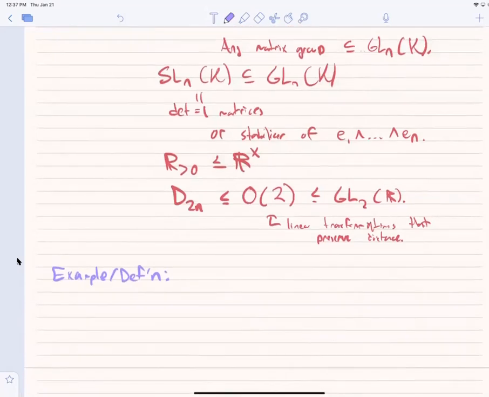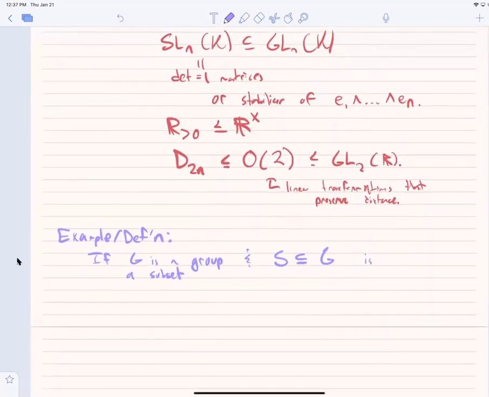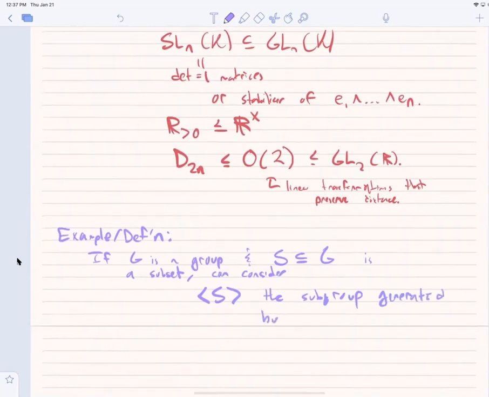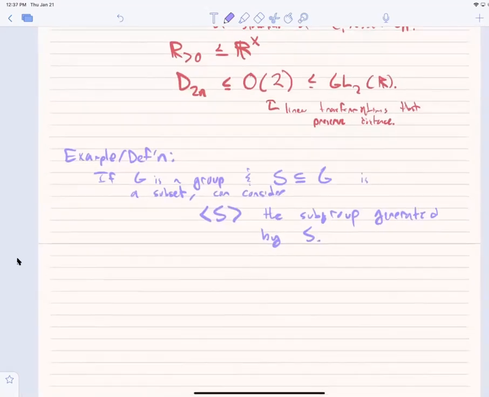If G is a group and S in G is a subset, then I can consider the bracket S. This is the subgroup generated by S. Okay, so this is an example and definition.